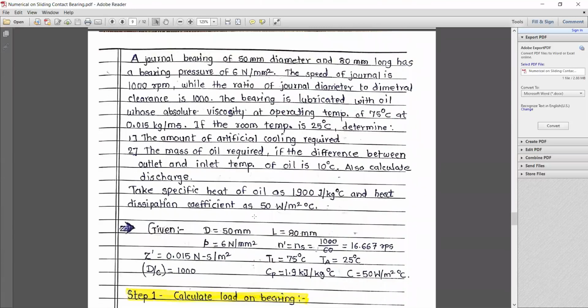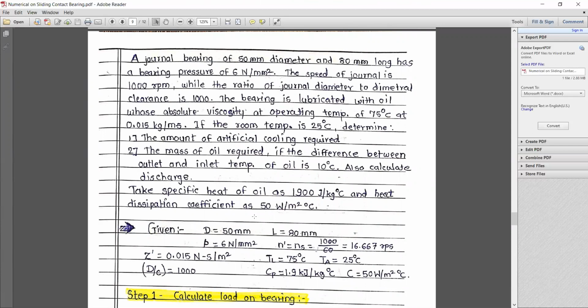Second example. Here some parameters are changed as compared to the previous one. A journal bearing of 50 mm diameter and 80 mm length has a bearing pressure of 6 Newton per mm square. The speed of the journal is 1000 rpm, while the ratio of journal diameter to clearance is 1000.